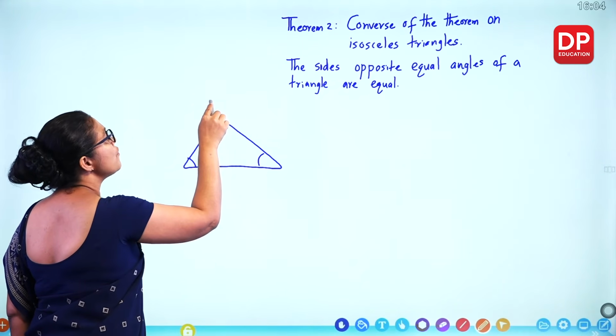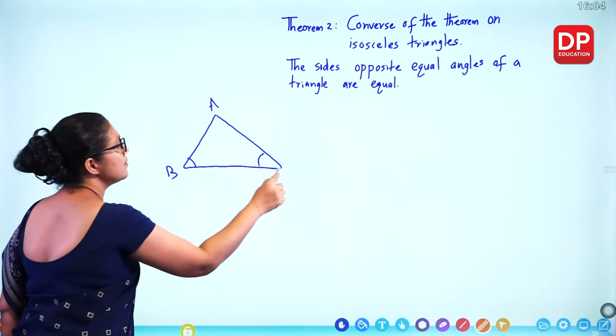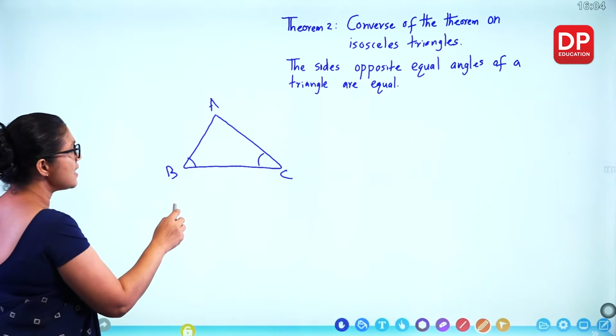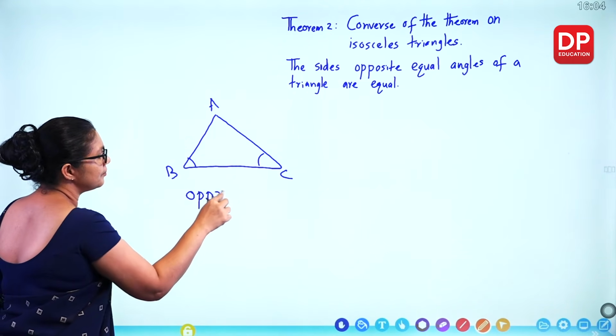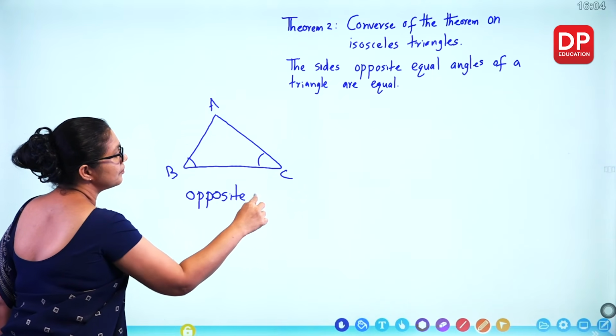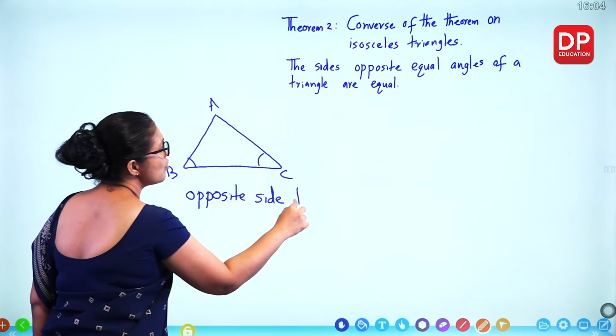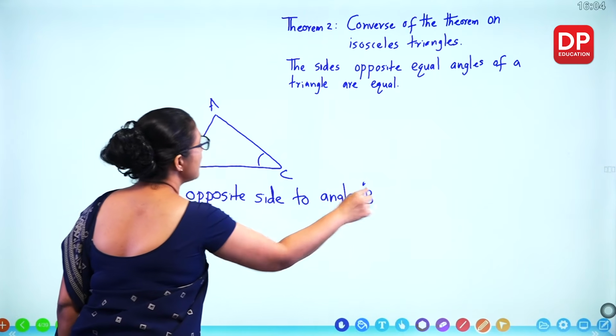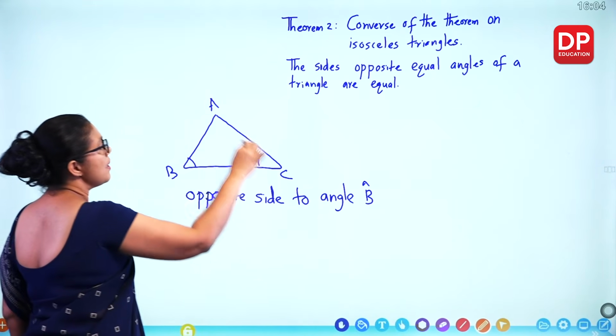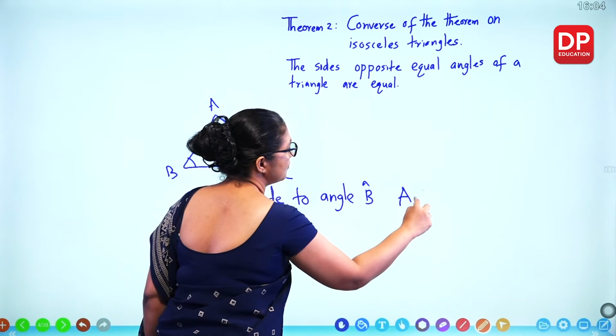So here if you take ABC triangle, what is the opposite side to angle B? What can you say? Opposite side to angle B is AC.